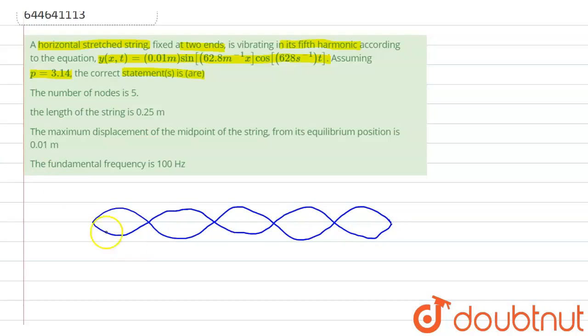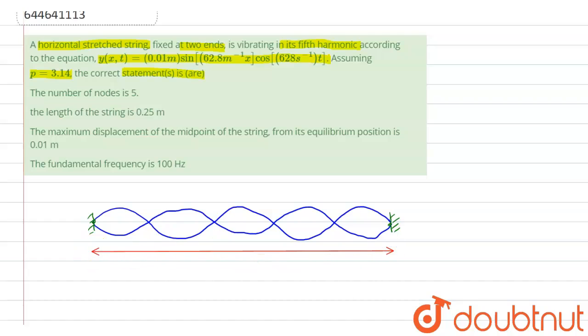It's not an accurate diagram, but we can manage with it. These are two ends, and there will be a node at the two ends. So this will be the length of string.